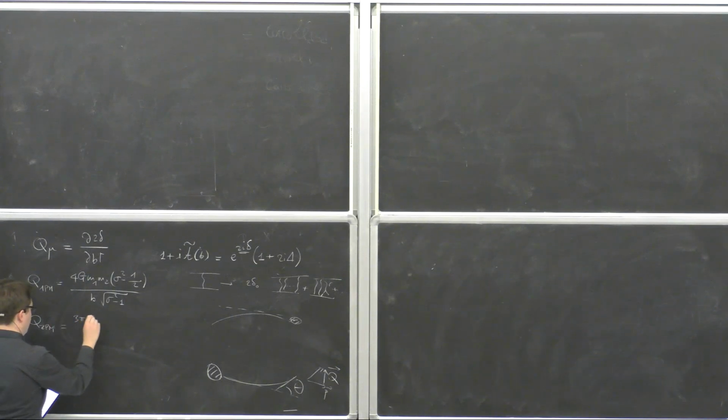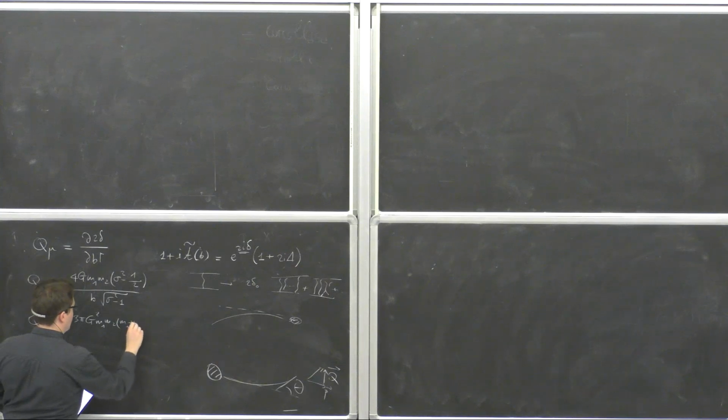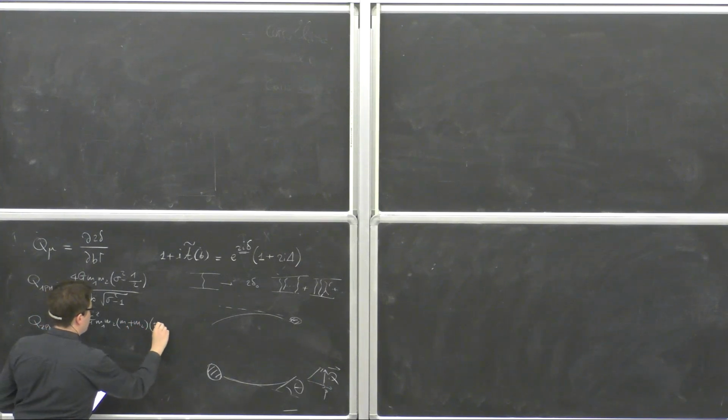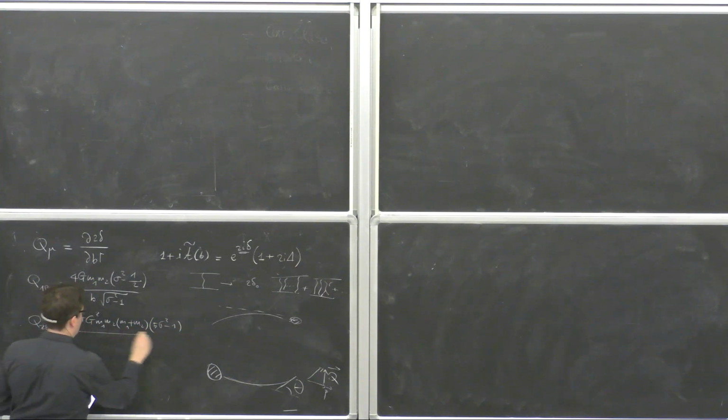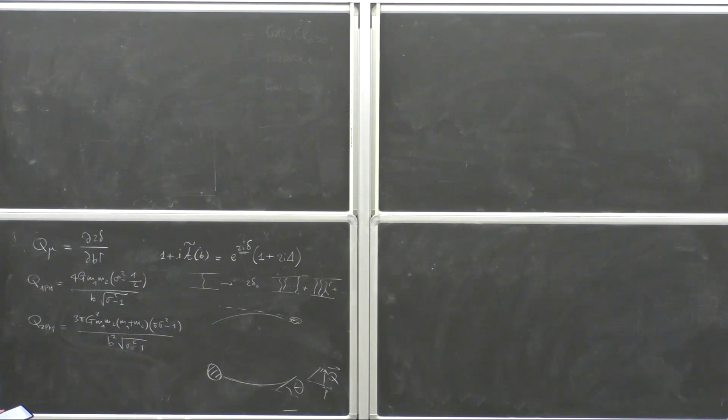So it's 3 pi G squared m1 m2 (m1 plus m2) (5 sigma squared minus 1) over b squared, and there's also a factor of 4.